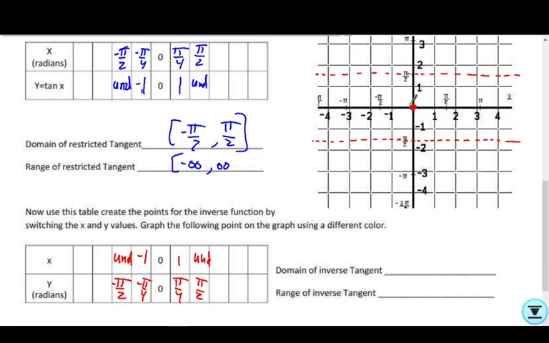And then we have negative 1, negative pi over 4. So if that's pi over 2, halfway would be somewhere like right there. And we have 1, pi over 4, which should be somewhere right there. And basically we get that function. Looks like that.